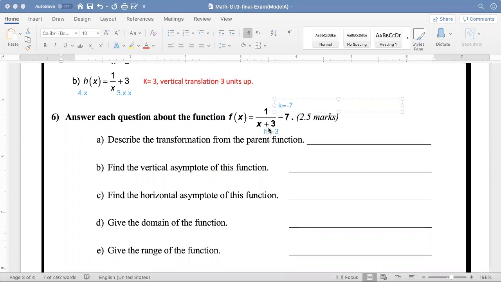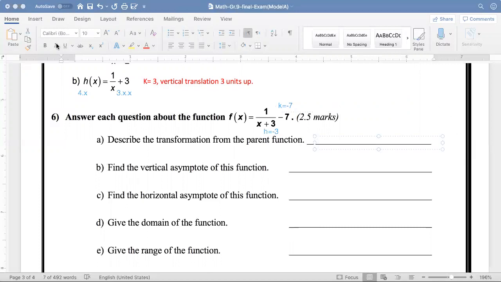So what happened here? Horizontal translation and vertical translation. Since h is negative, it is a horizontal translation 3 units to the left, then a vertical translation 7 units down, because when k is negative, it translates down.